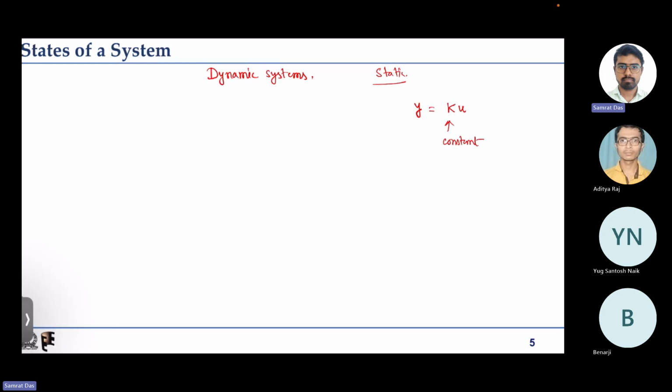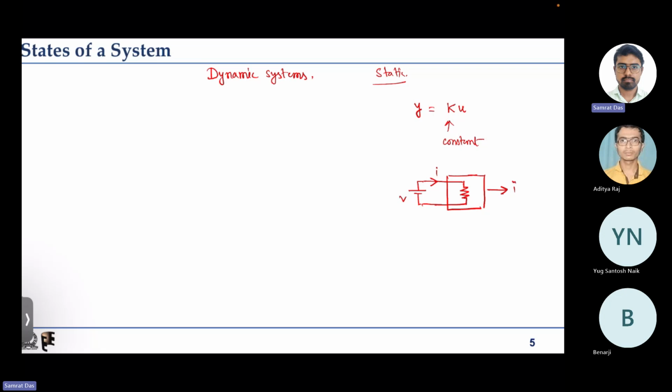For example, suppose we have a resistor. What is the input? We apply some voltage, that is the input, and some current flows through it, and the current is the output of the system. How are voltage and current related?